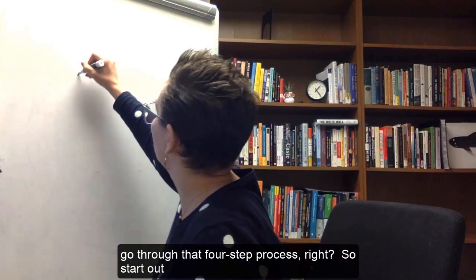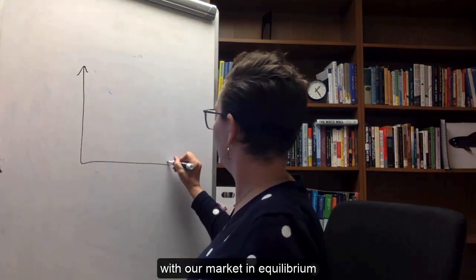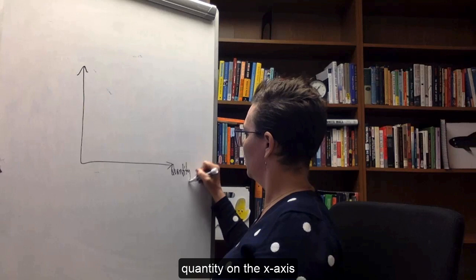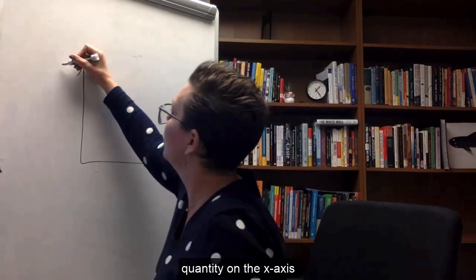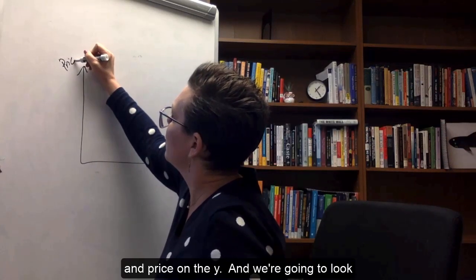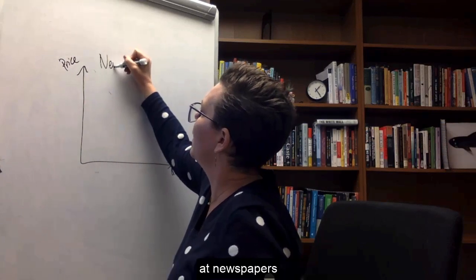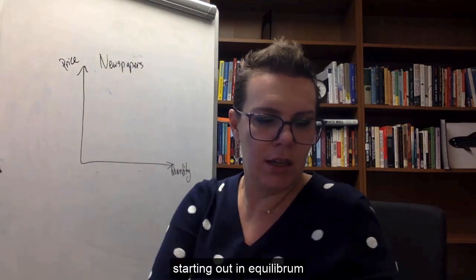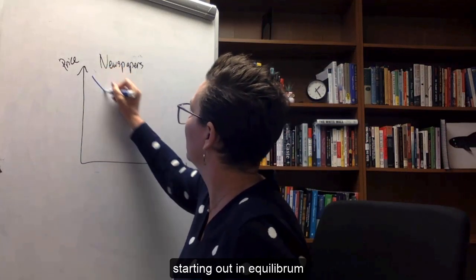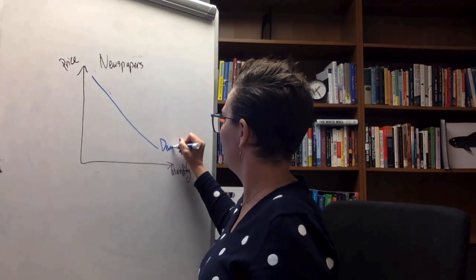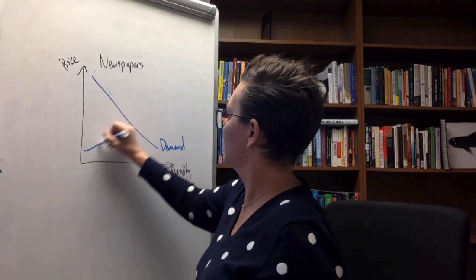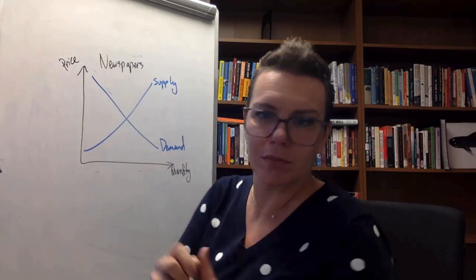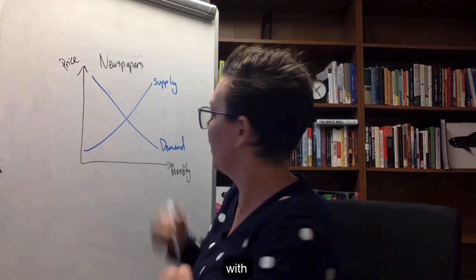So we start out with our market in equilibrium, quantity on the x-axis, price up on the y, and we're going to look at newspapers, starting out in equilibrium.